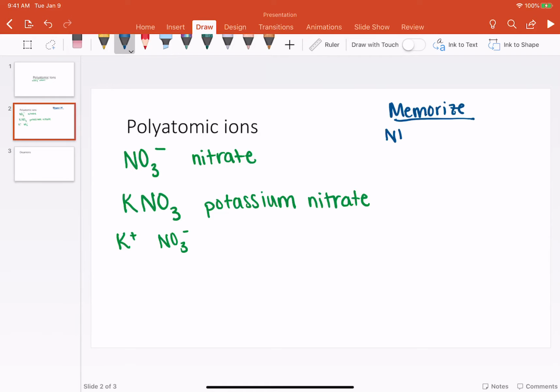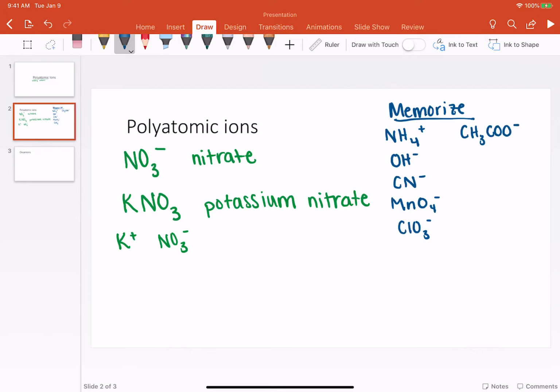So we have NH4 plus, notice that one's a cation. And then the rest of the ones I want you to memorize are anions. OH minus, CN minus, MnO4 minus, ClO3 minus, CH3COO minus.